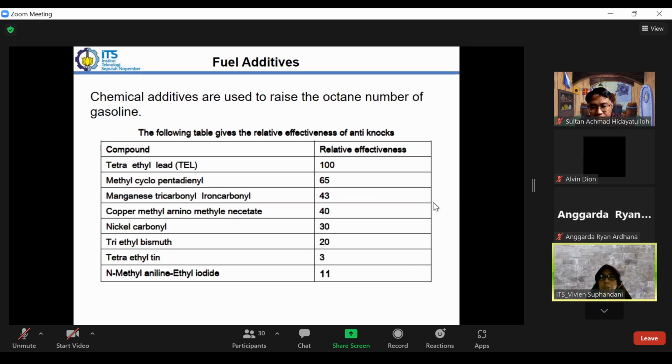When we add additives, we cannot use the comparison of the composition ratio between isooctane and heptane. What we see is the relative performance, the relative effectiveness. So the maximum value is still 100.